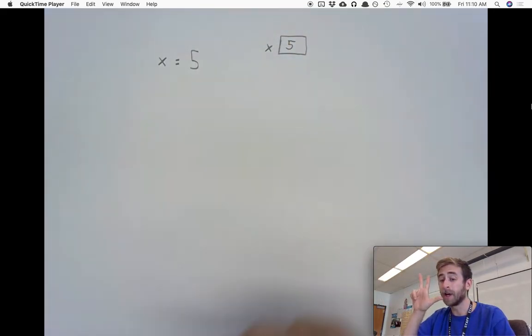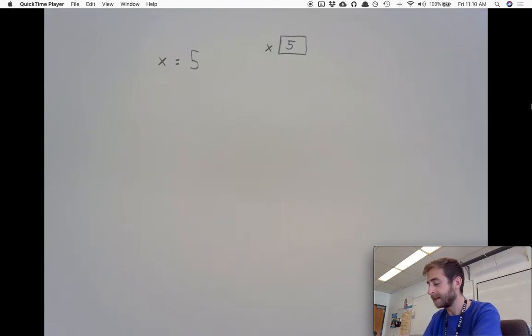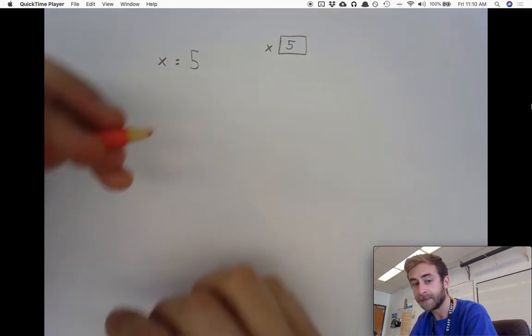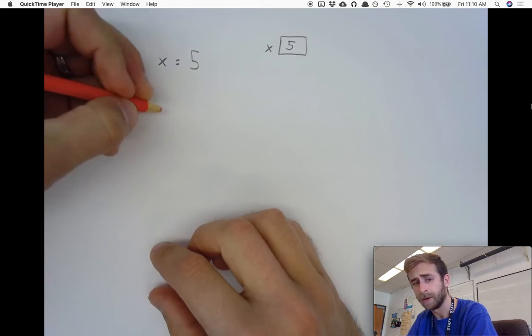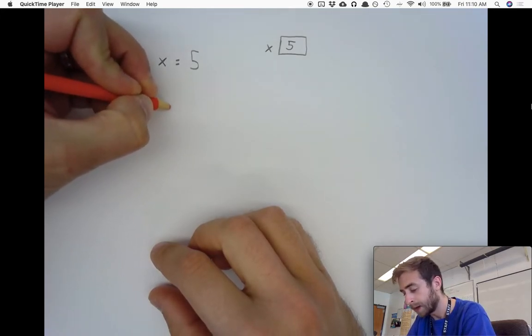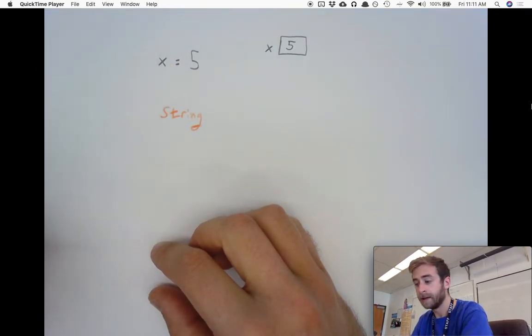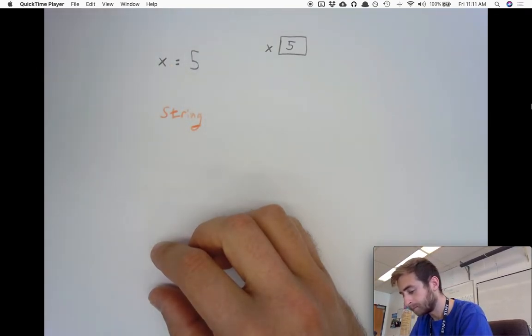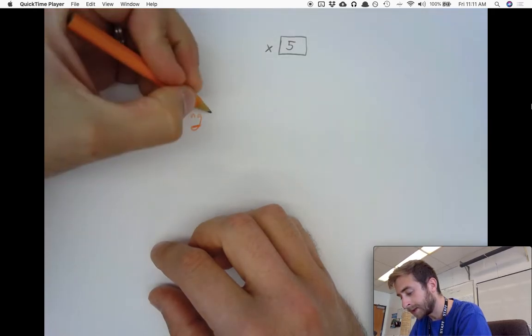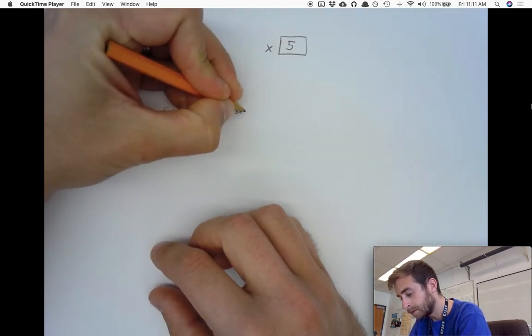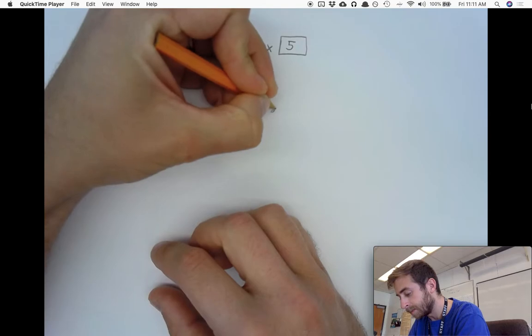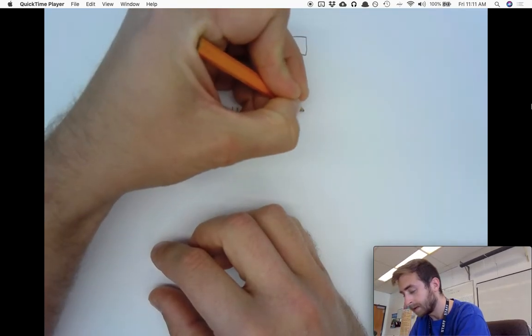Now, we're going to talk about 3 different data types today. The 3 different data types that we're starting off with, and that you usually start off with, are string. And a string is just a collection of symbols. We'll talk about that a little bit more in a moment.